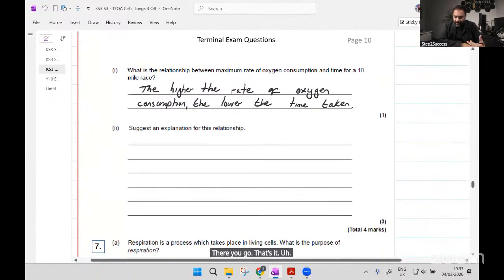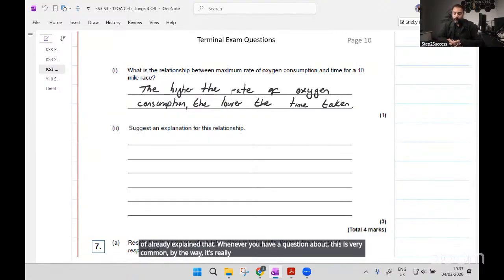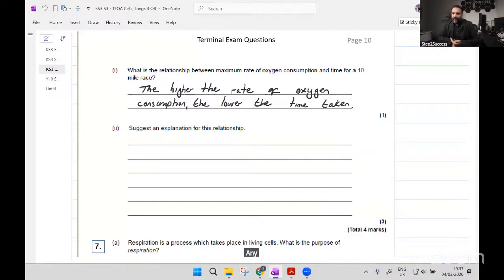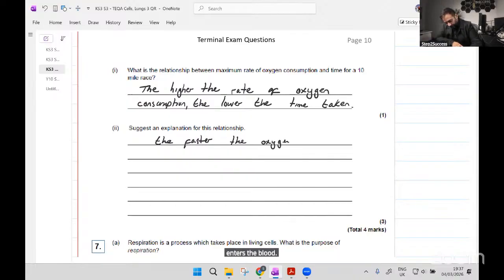Suggest an explanation. So I think I kind of sort of already explained that. Whenever you have a question about, this is very common, by the way, it's really good to get good at this now. Any situation where somebody is getting more oxygen, or faster. So the faster the oxygen enters the blood, so if you can get oxygen into your blood quickly, then the faster respiration will take place because respiration is a process that needs oxygen.